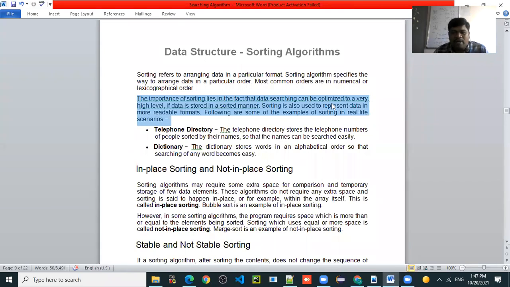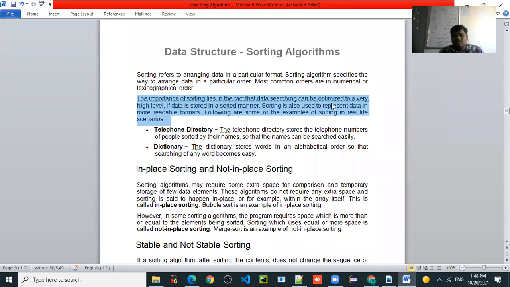By considering the alphabetical order, we have prepared the dictionaries, right? And by considering the alphabets, we are identifying the words. First alphabet, after that the second also we are considering, the third also we are considering.